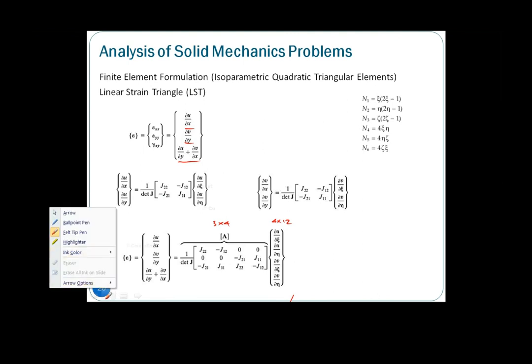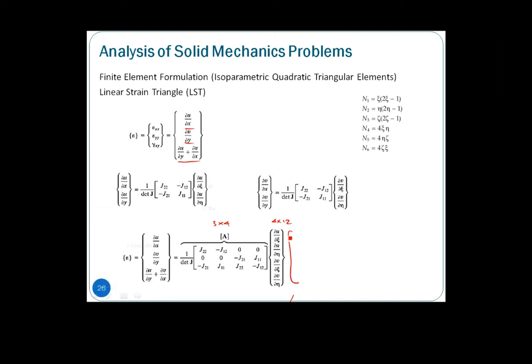So here, if I expand del u, you have del u, del psi, and del v, del psi, for node 1 itself. This is node 1, okay, u and v.